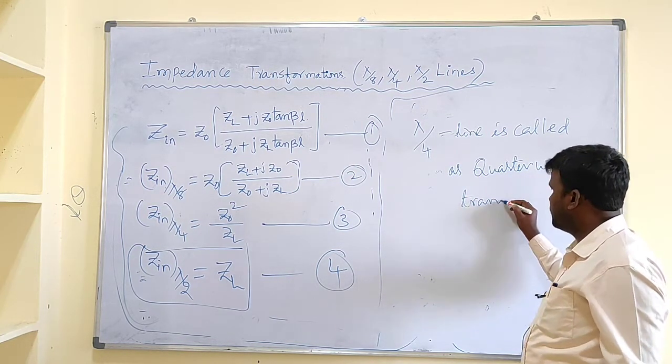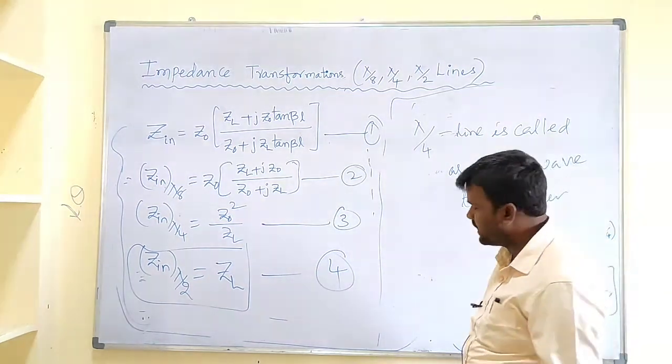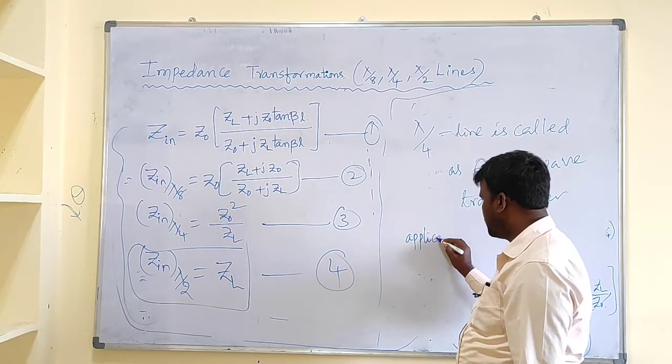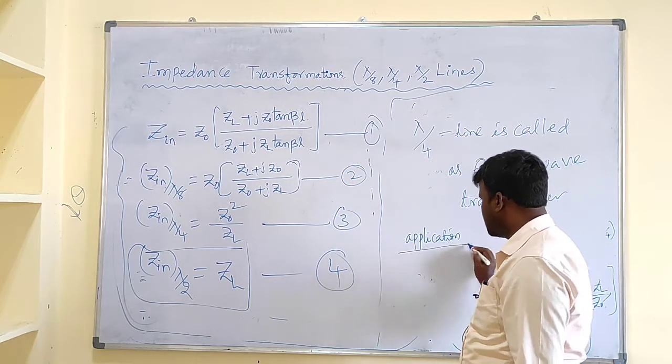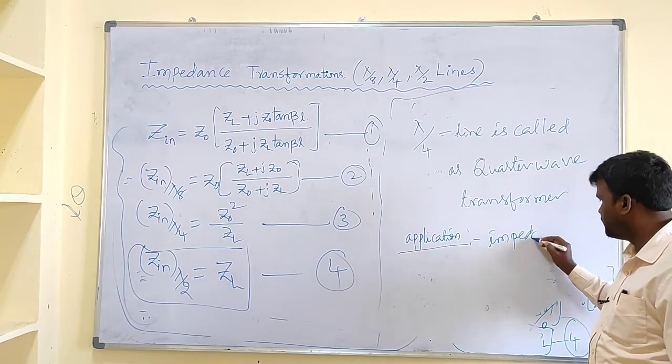The application of the quarter wave transformer is that it can be used as an impedance matching device between source and load.